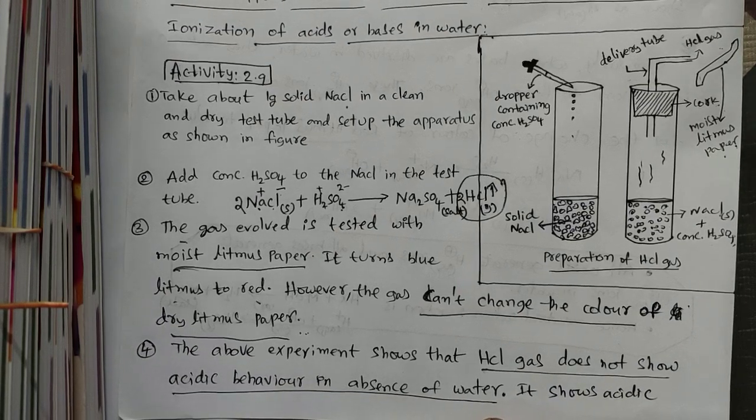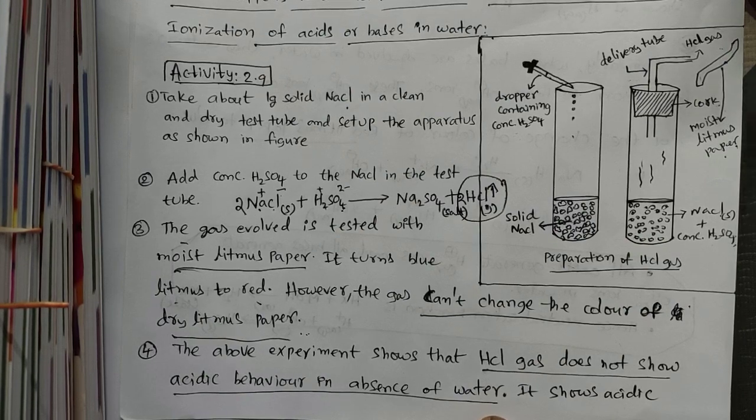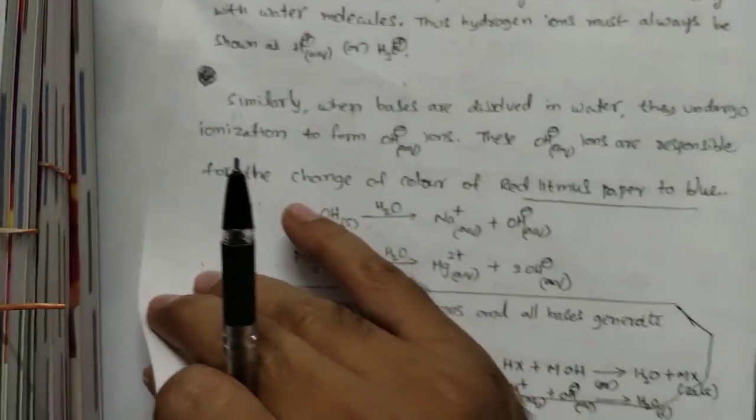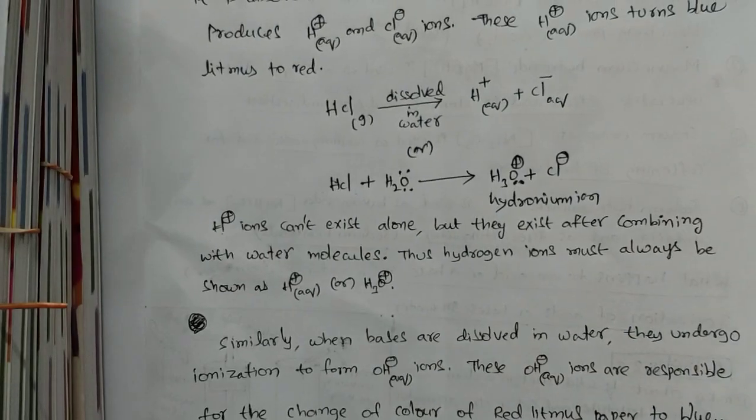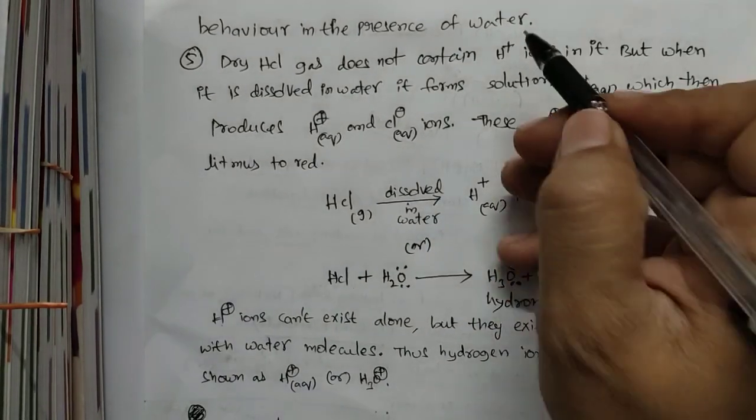The above experiment shows that HCl gas does not show acidic behavior in the absence of water, right? In other words, it shows acidic behavior in the presence of water.